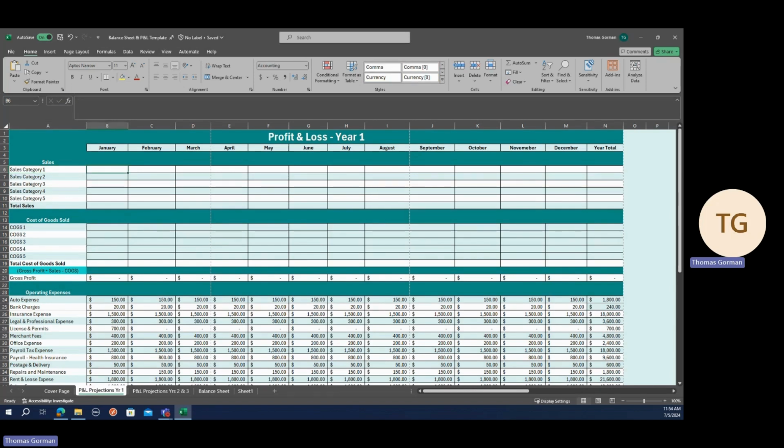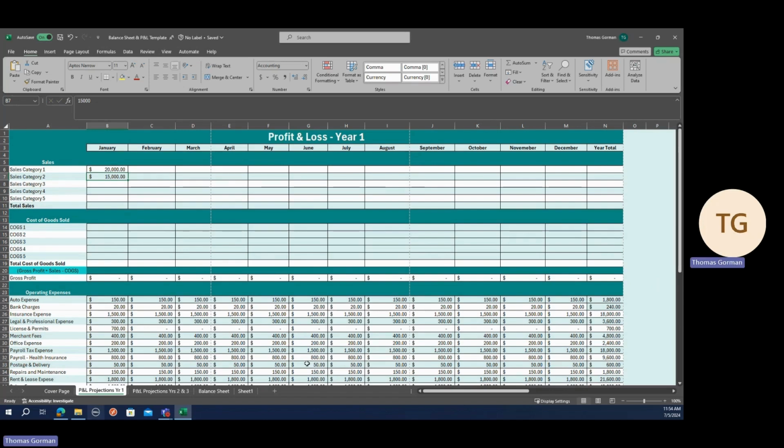Okay, so now let's just say we sold $20,000 of product 1 in January. And let's say we sold $15,000 in product 2 for January.